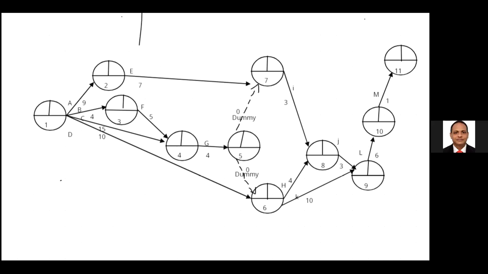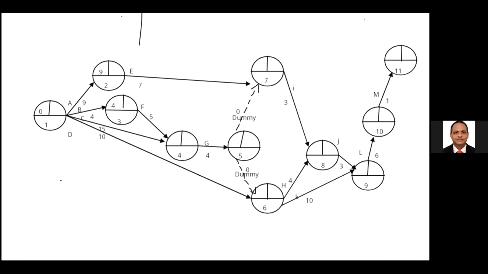Okay, now we can calculate the earliest starting time and latest completion time. We start from event number 1. We write 0 plus A9, 9 for the second event. Third event, 0 plus 4, 4.